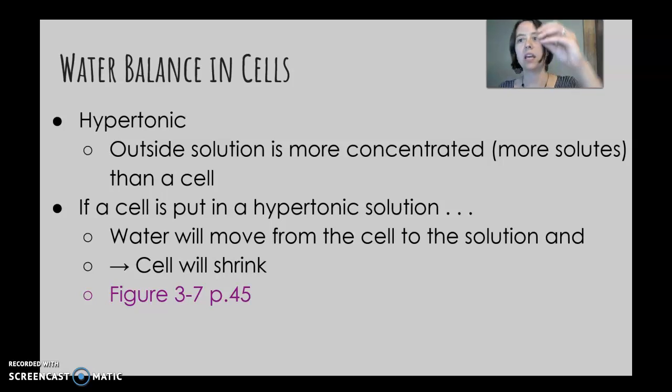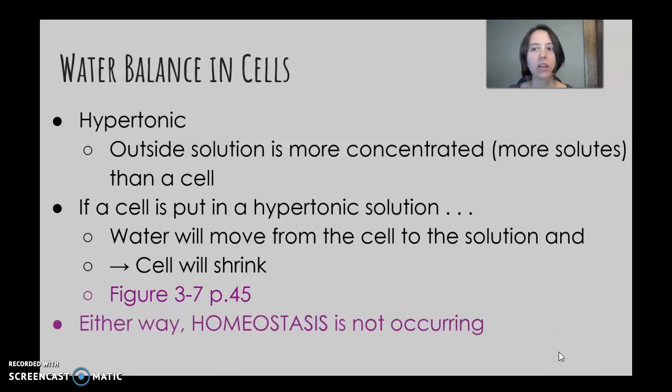Then we put it in a solution of 40%, which was hypertonic, and the water went out of the cell and it shrunk. So in both cases, hypertonic and hypotonic solutions, homeostasis is not occurring and your cells are in danger.